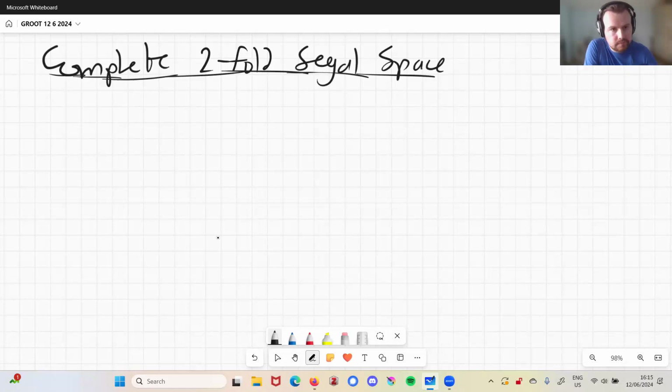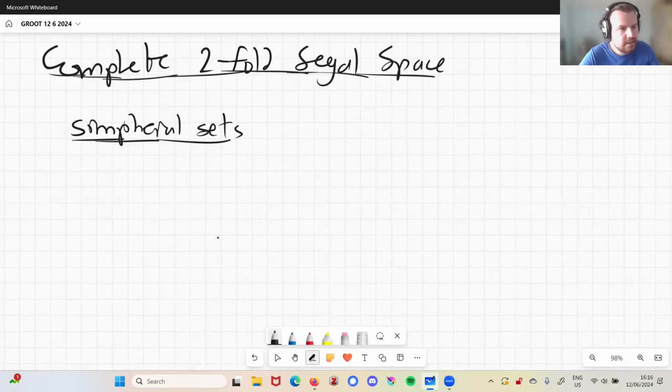Okay, so I don't know whether everyone here is comfortable with simplicial sets, so I'll do a quick little whirlwind tour. Okay, simplicial sets. The idea here is that we're going to have some sort of combinatorial model of homotopy theory.